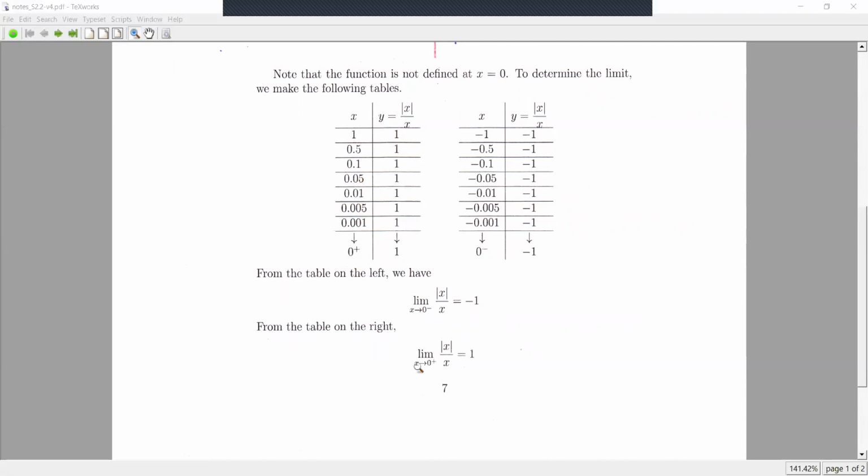In notation, the limit of this function as x approaches 0 from the right is equal to 1. The book calls this limit the right-hand side limit of the function at 0.